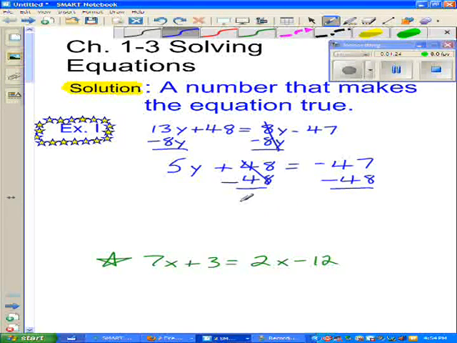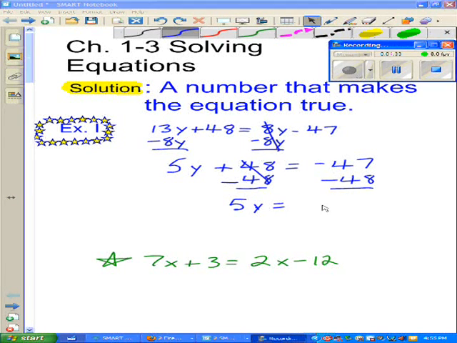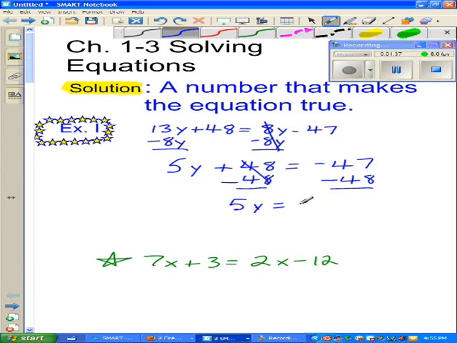Cancels on the left. The only thing that's left on the left side of the equation is a 5y. That's a little bit better. And it's going to leave us with a negative 95. I believe I did that in my head. I might want to double check me.